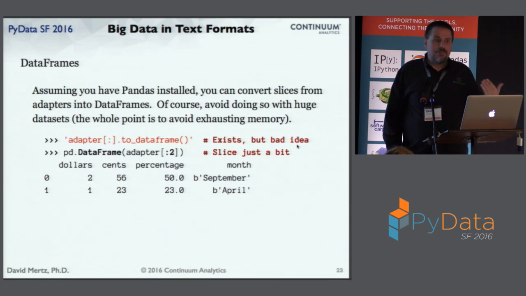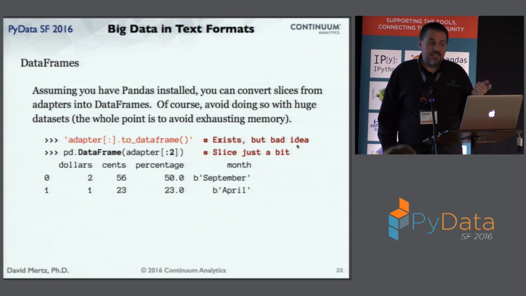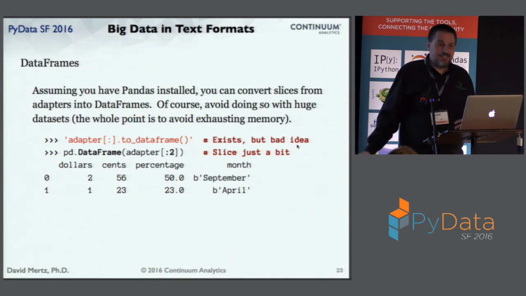Or what we're pulling off immediately is arrays, but you can convert those into data frames. Now you could take that empty slice and make the whole thing a data frame, but again, that's crazy because the data is too big, and that's why we're using this library to fit in memory. But this is a better way to write it in the second line.